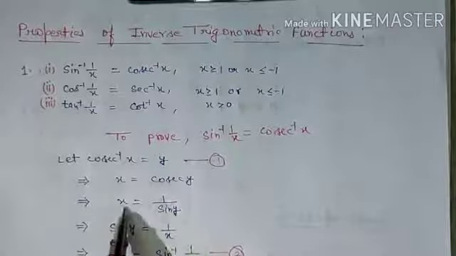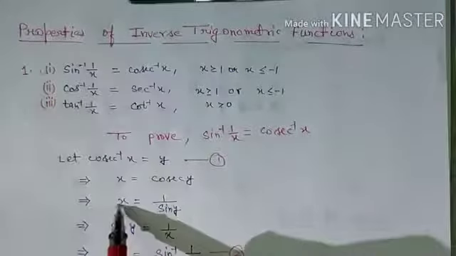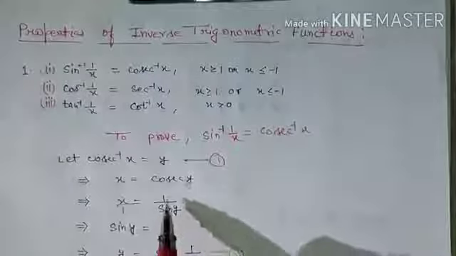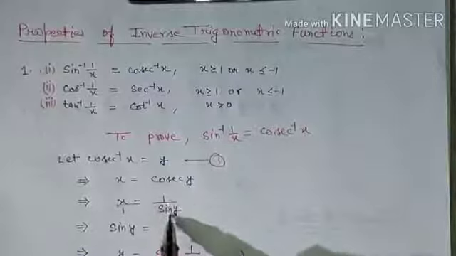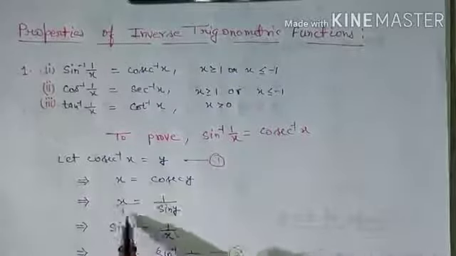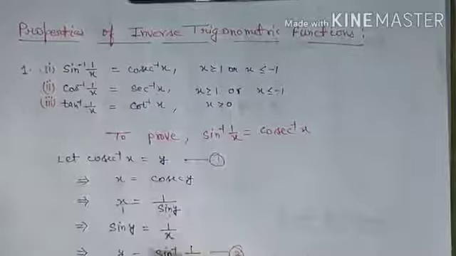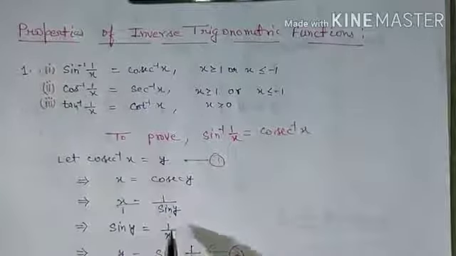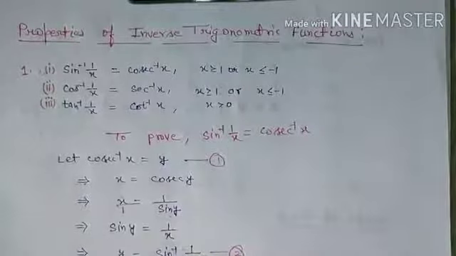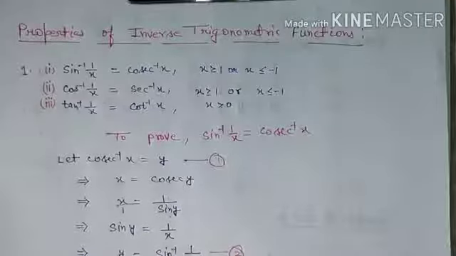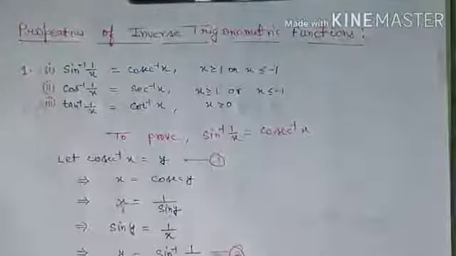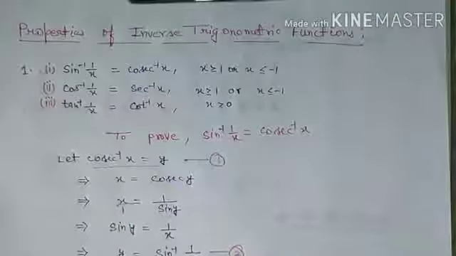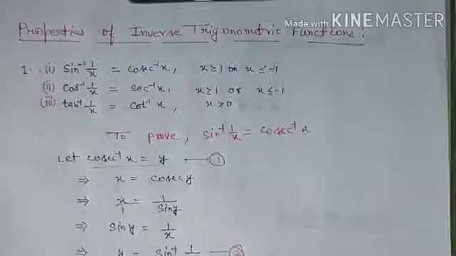Now if we take the reciprocal of both sides, x/1 equals sin y/1, it means sin y equals 1/x. Now I am shifting this sin to the other side, then y will be equal to sin inverse 1/x. From 1 and 2 you can see that both are the same, y equal to y.